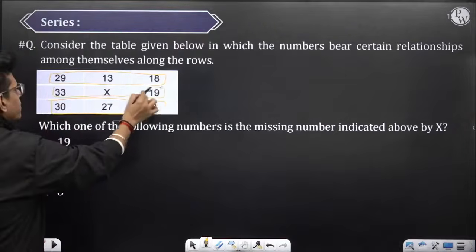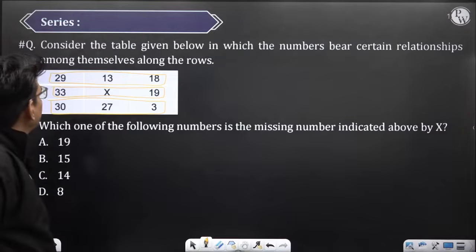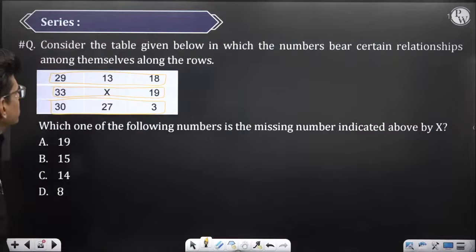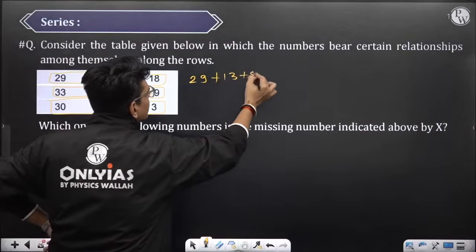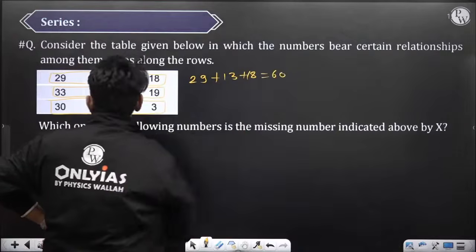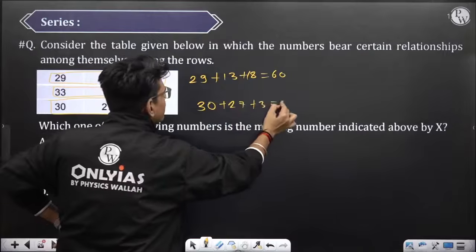Okay, so let's see. 27 plus 3, 30 plus 30, 60. 13 plus 18, which is 31, plus 29, 60. So 29 plus 13 plus 18 is 60. Similarly, 30 plus 27 plus 3 is 60.